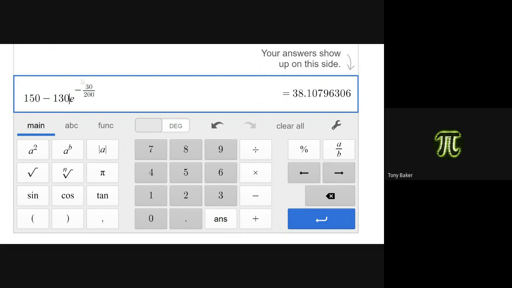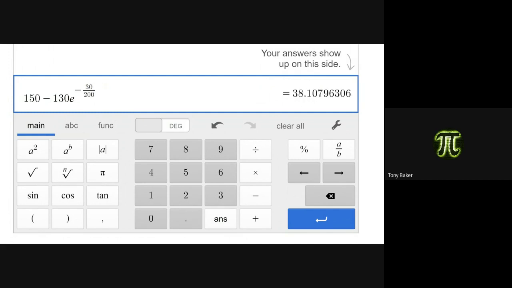So this number right here, e to the negative, is going to get smaller and smaller, right? Because this is technically 1 over e to that number. As that number gets bigger, so it's 300, 3,000, this term is basically going to 0.